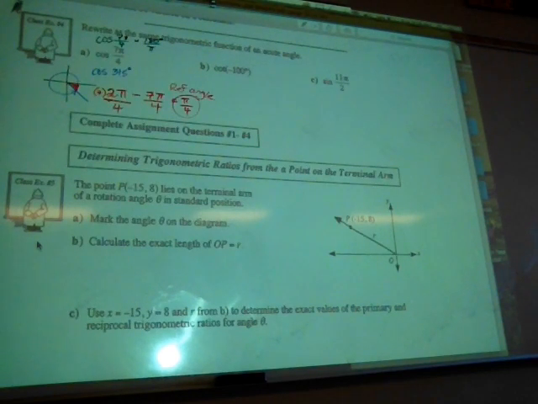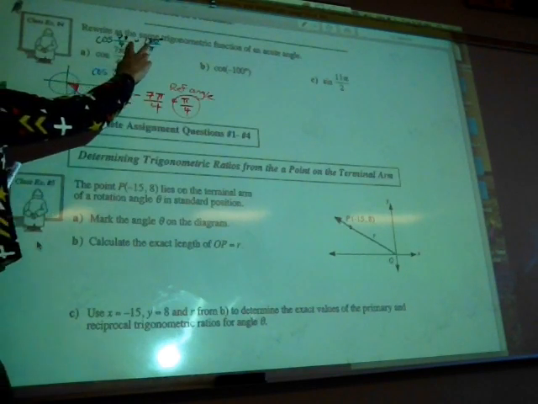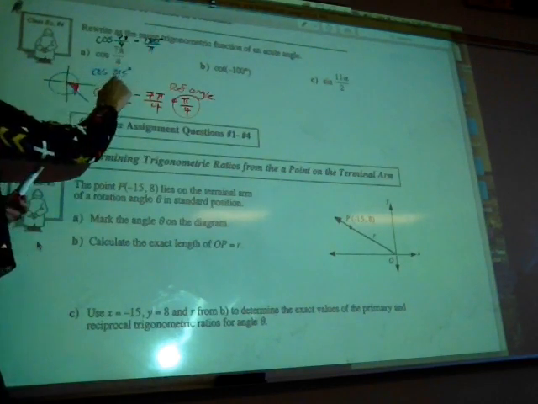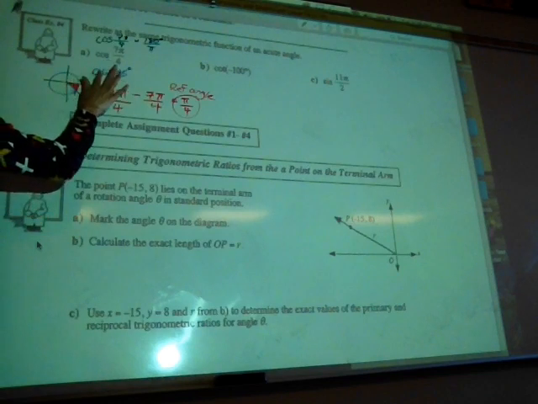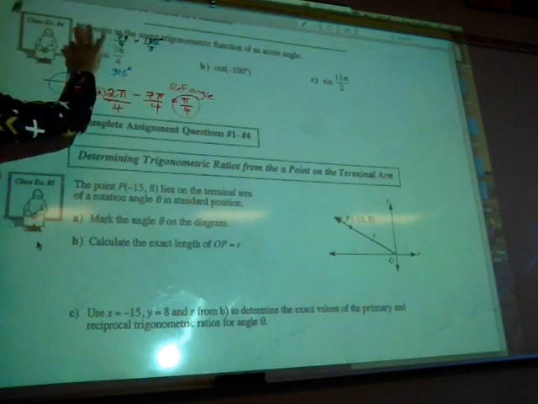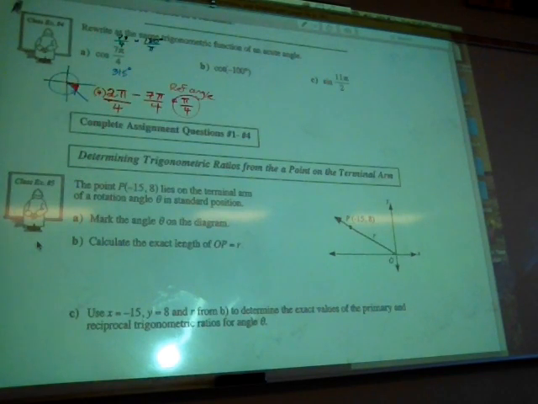So you just went 7 pi over 4 times 180 over 4? This was just to put it into degrees if you like using degrees better. But when you punched it in, you didn't put cos. I didn't use cos at all. I just converted the radian to degrees. Okay.